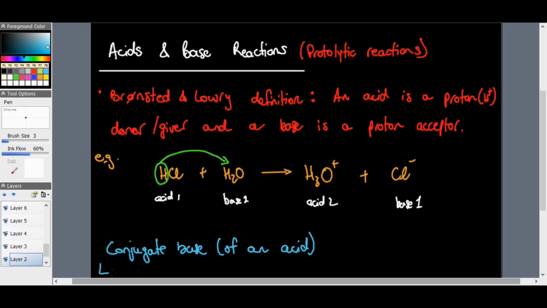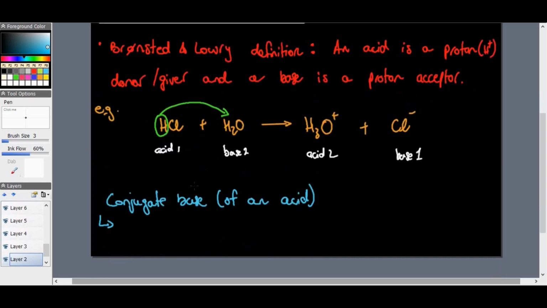The conjugate base of an acid is the substance formed when the acid, I think I might have actually explained it wrong. This is the conjugate base, this is the conjugate acid, sorry. Acid 2 is the conjugate acid.